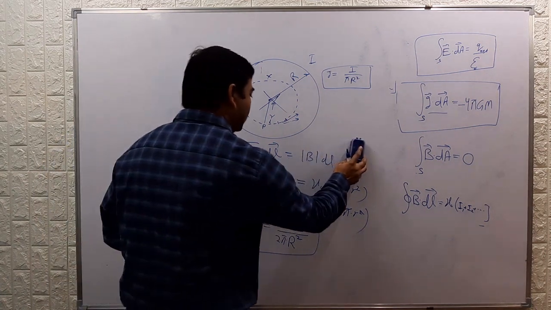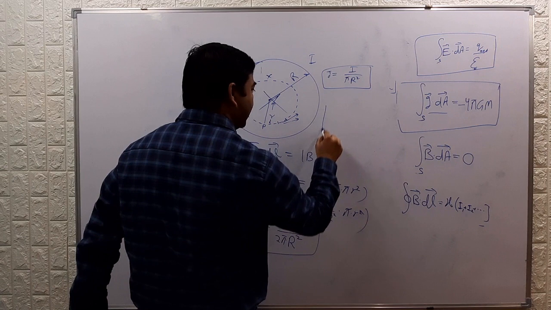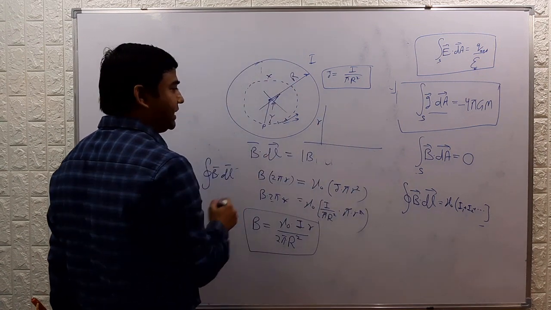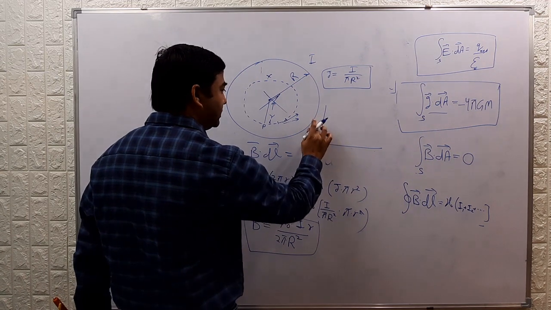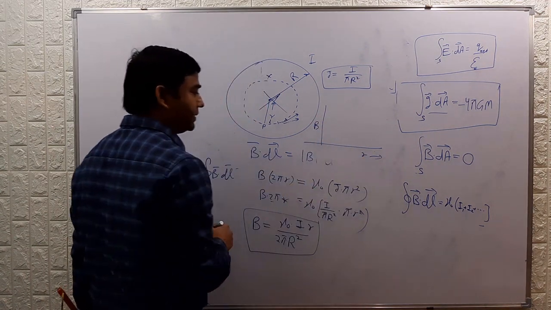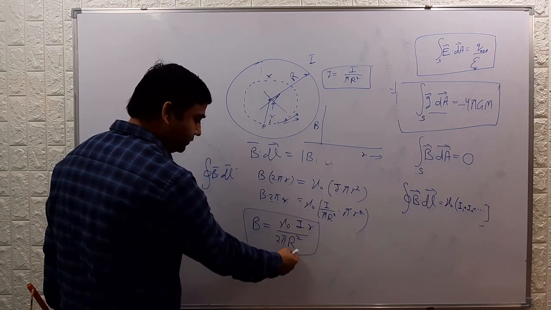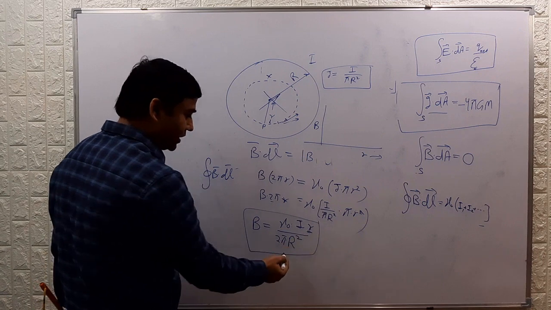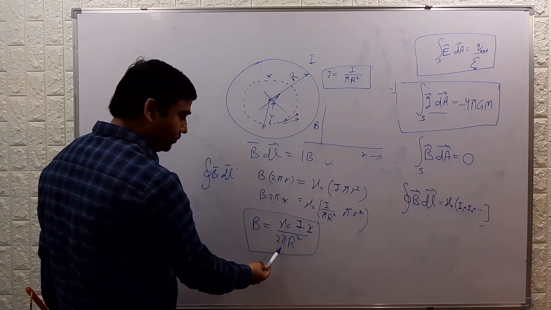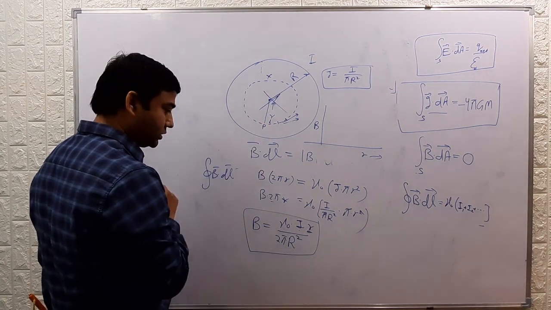So here if you draw the graph, just like we have earlier drawn the graph, this axis is the distance from the center of the wire and this is the magnetic field. So you can see the magnetic field is linearly increasing with small r. All other things are constant: mu 0, I is the total current, pi, and capital R is the radius of the wire, which is also constant.